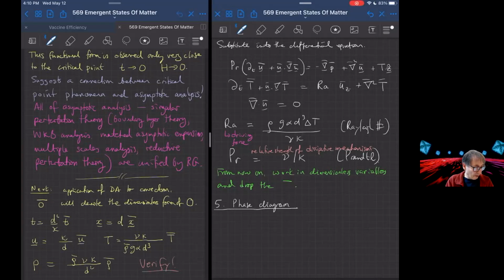What we're going to do in this section is construct, from omega of q, the neutral stability curve. And then from that, we're going to look at some of the pattern forming states.